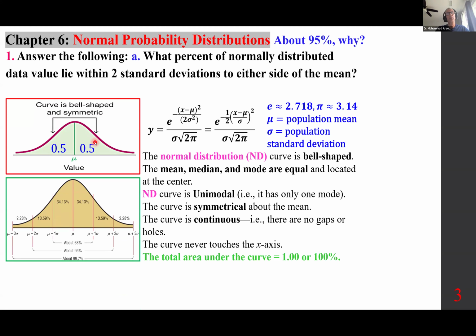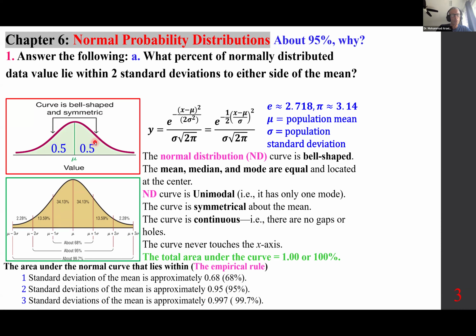As you recall, this is called the empirical rule. The area under the normal curve that lies within 1 standard deviation of the mean is approximately 68%. So if we start from the mean and go 1 standard deviation on each side, it's 68%.